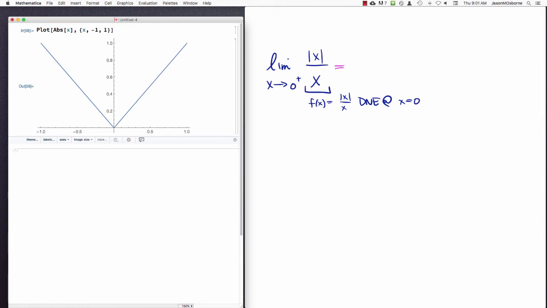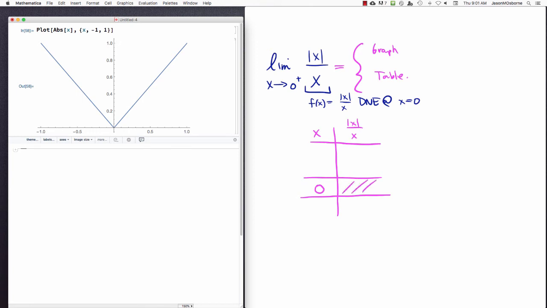Now, one could use two techniques. One could create a graph, or one could create a table. Let's take a look at the table. Let's create a table of values for the absolute value of x over x. We're concerned with the value x equal to 0. But remember, that function does not exist at 0, so we can't use that to evaluate the limit. As x gets closer and closer to 0 from the right, that would be 0.5, 0.1.